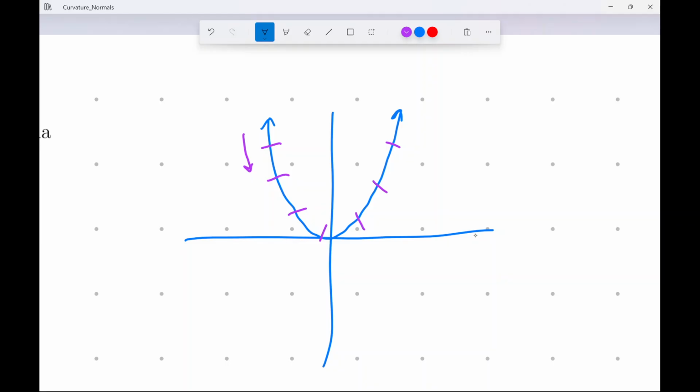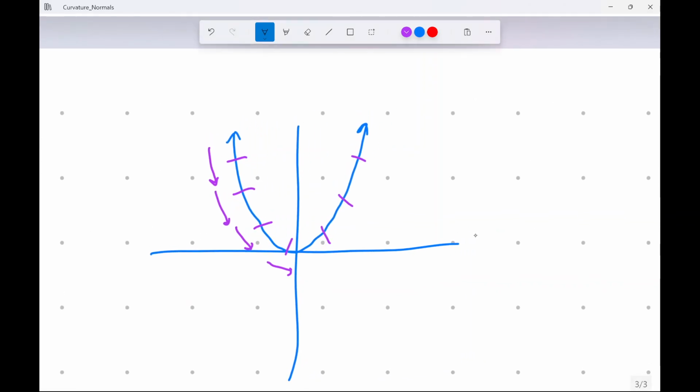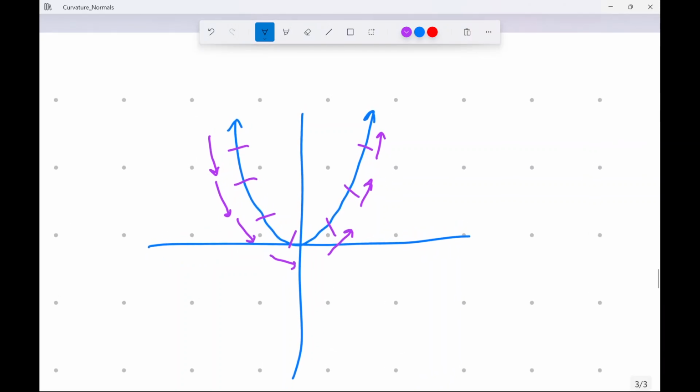At this next one, it's still pointing down, just a little bit further to the right. At this next one, pointing about at a 45-degree angle down to the right. At this next one, it's still pointing down to the right, but it's almost flat. At this next one, it switches to basically 45 degrees up and to the right. And then similar for these last two. Okay. So these are the tangent vectors.